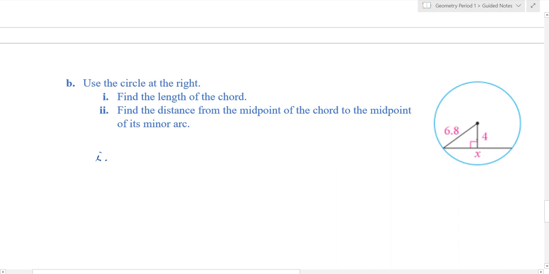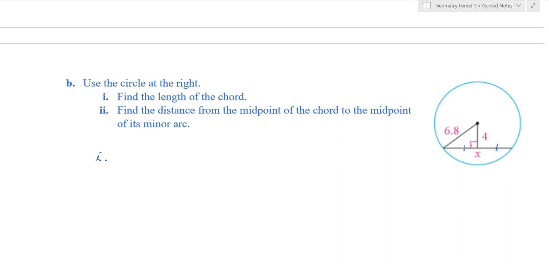So x therefore is the midpoint of the chord down here. If it's the midpoint of that chord, that means that this length right here is congruent to the length right here. So I can say that if the full length is x, then half of that is half x. So I'm going to use that.